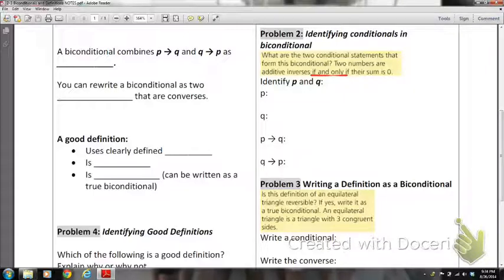So let's dissect this into its parts. The hypothesis of this statement is that two numbers are additive inverses.